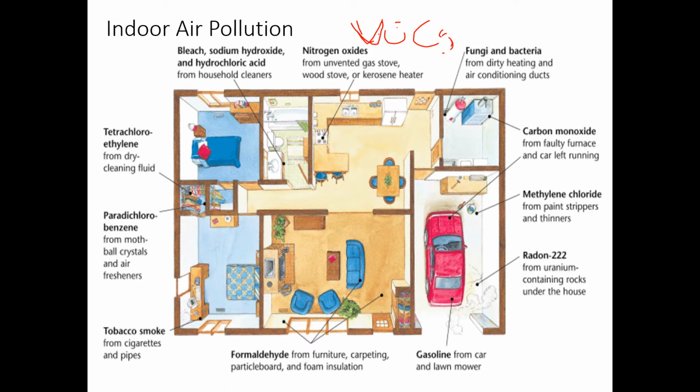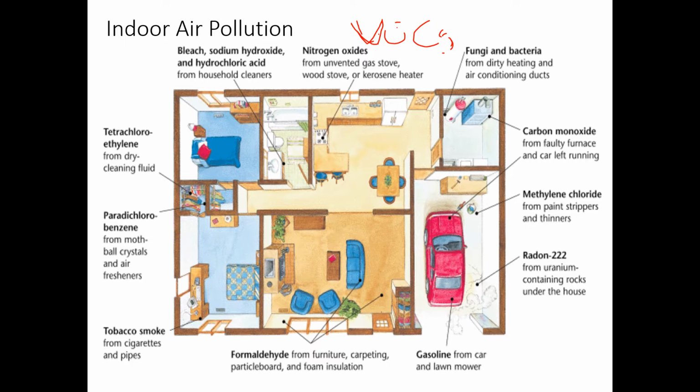You have nitrogen oxides that can come from an unvented gas stove, fungi and bacteria from dirty heating and air conditioning ducts, and carbon monoxide that comes from either a car left running or a furnace that is old and isn't undergoing the reactions efficiently enough, so it's producing a lot of carbon monoxide.